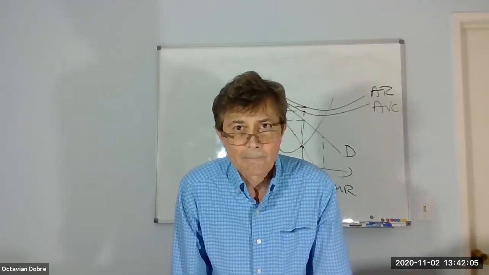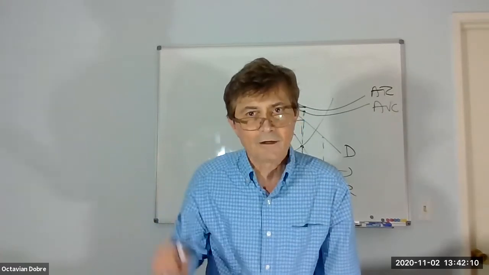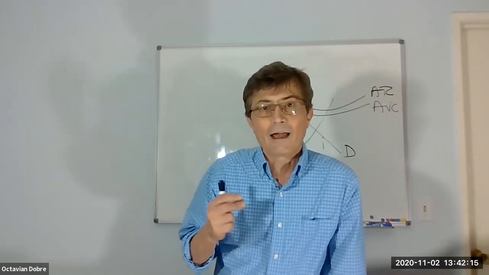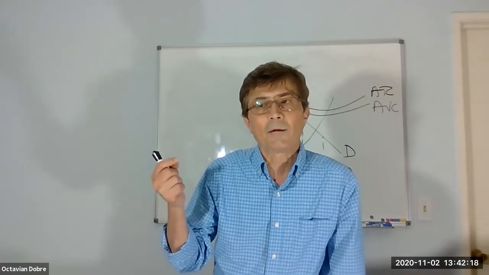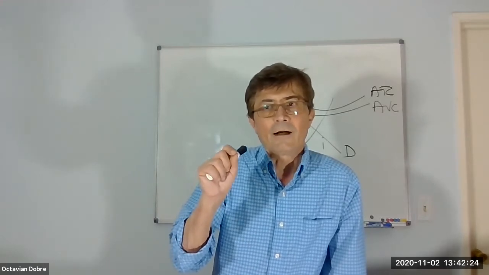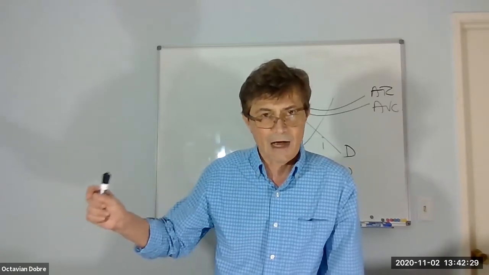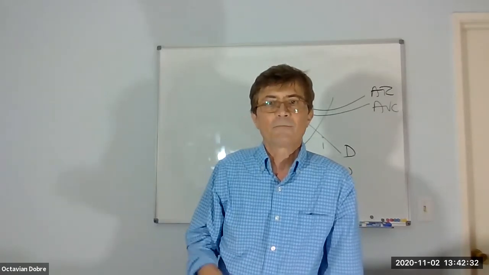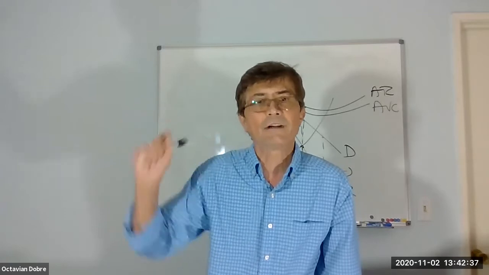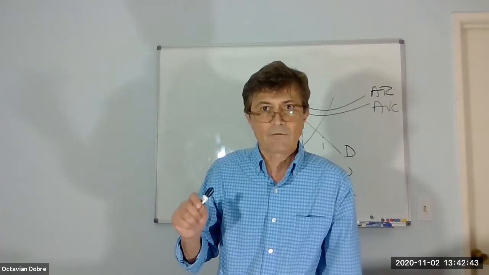If a firm, oh yeah, this one comes right out of your quiz. It was a question that said something like this: for a perfectly competitive firm, the price is equal to $200, and the average variable cost at its minimum is equal to $250.